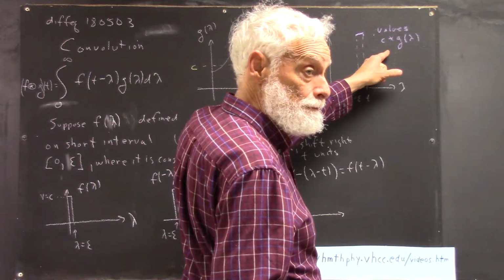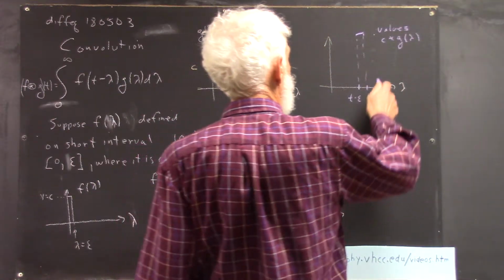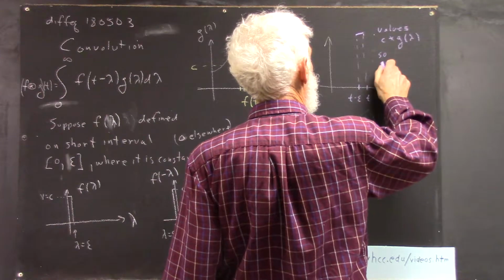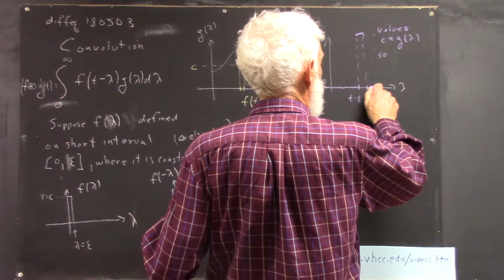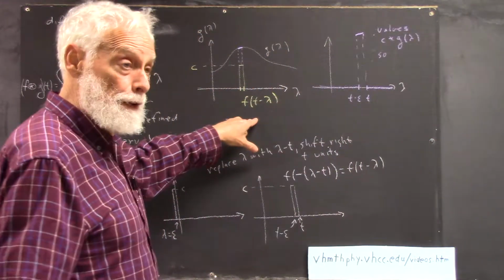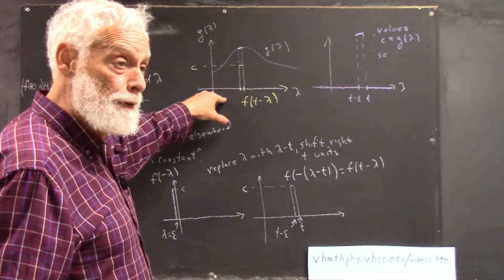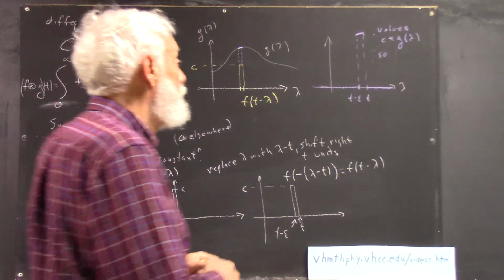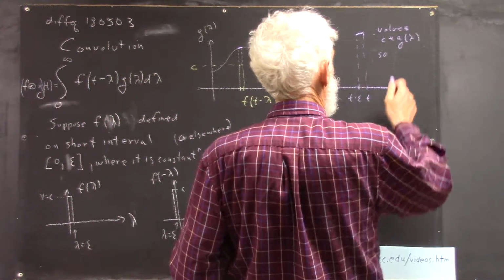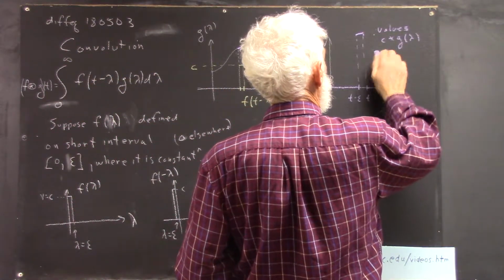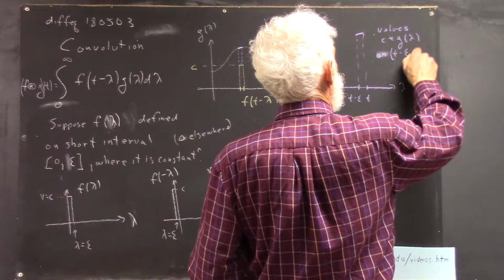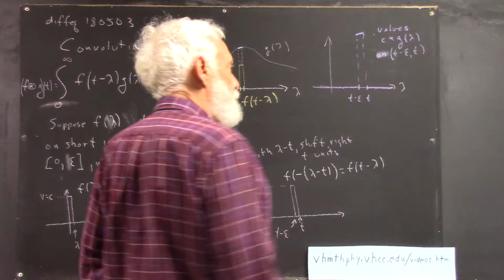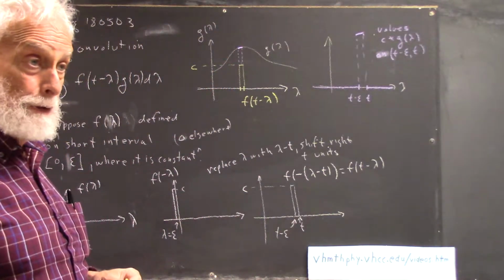The other values, of course, are zero, because we're multiplying by this function, which is 0 everywhere else. Those are the values of c times g of lambda on this interval.